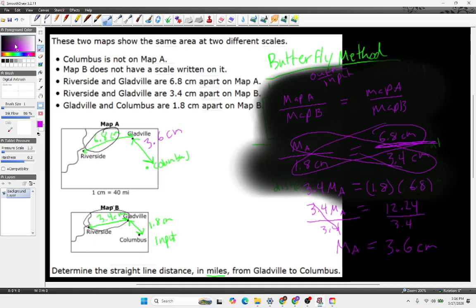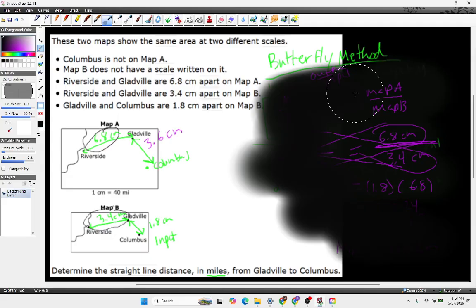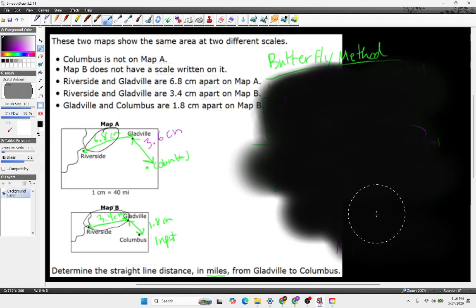And I'm going to make some space now. Use a different color for this second part. Is that clear? All right, a little brighter.